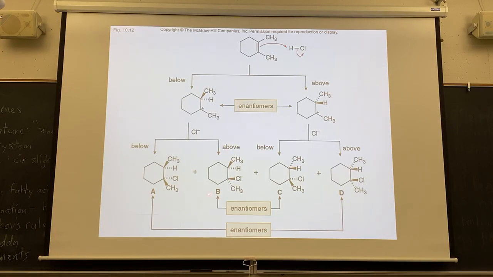And that's fine because these are diastereomers. And then we said with this carbocation, the chloride approaches from the top faster than the bottom, meaning that D is major over C. So we went over that in more detail in class.